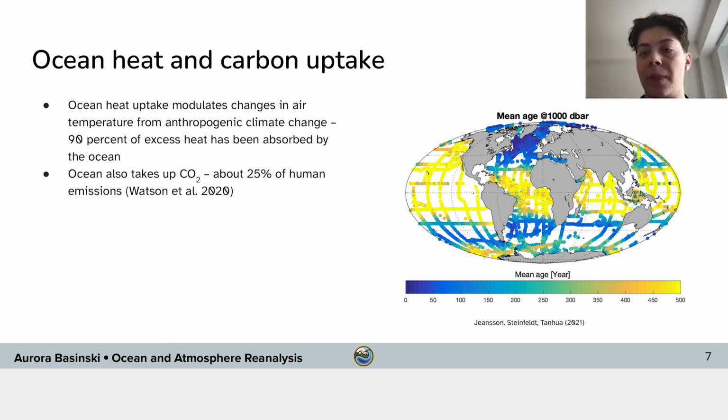For example, in the North Atlantic, where the overturning and the thermohaline circulation happens, the water was last in contact with the atmosphere much more recently. If we look at the yellow areas, which cover a lot of the Pacific, the water at 1,000 meters depth hasn't contacted the atmosphere in 500 years.